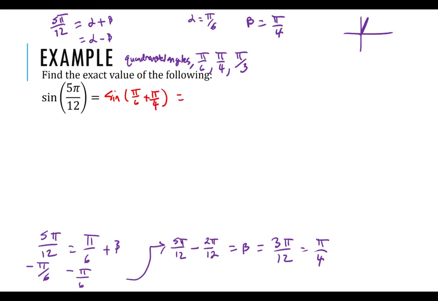which then, using my sum identity for sine, that's going to be sine of pi sixth times cosine of pi fourths plus cosine of pi sixth times sine of pi fourths. And then sine of pi sixth, well, that's going to give me 1/2.